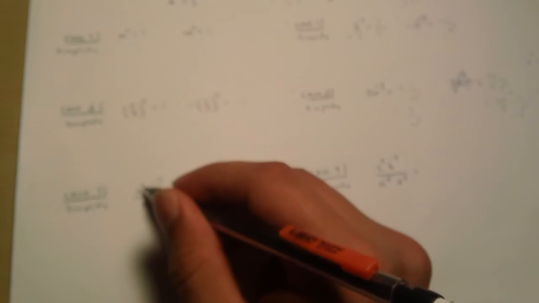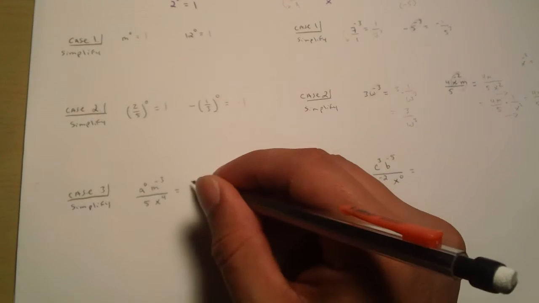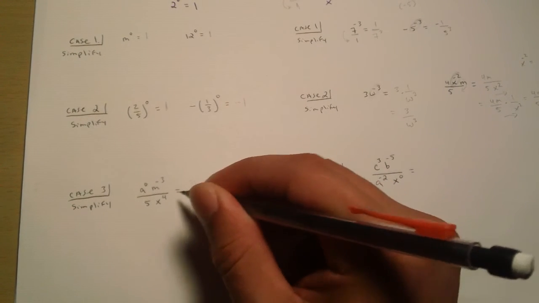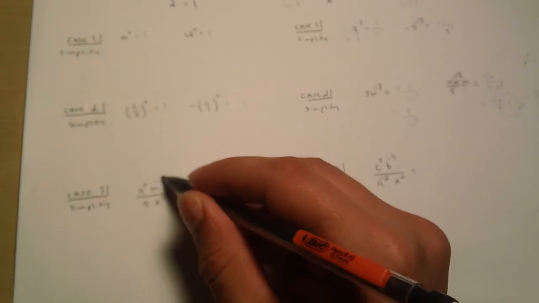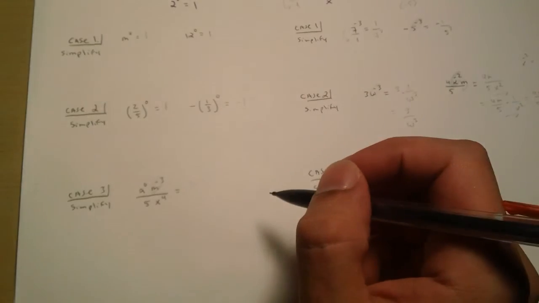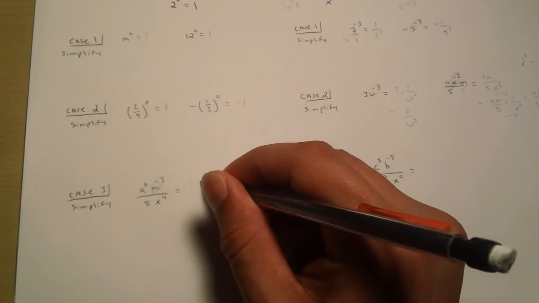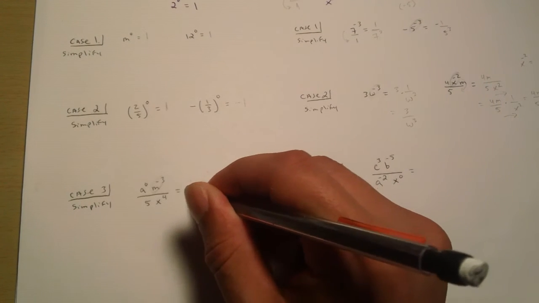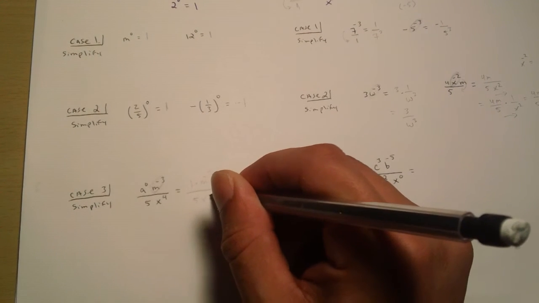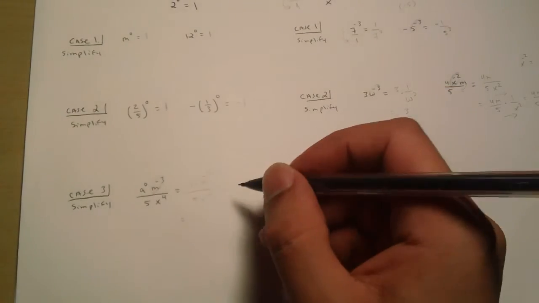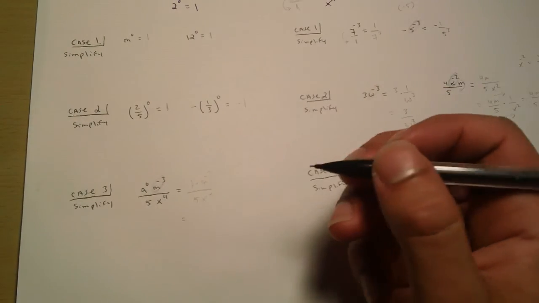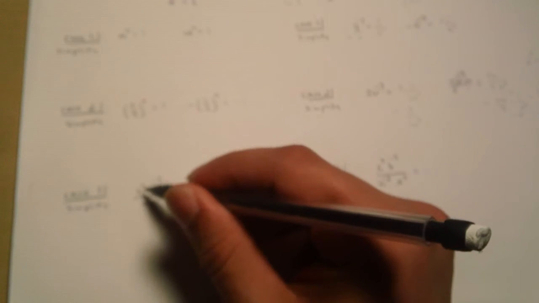First, we notice the a to the 0 power would just be 1. Then we have m to the minus 3 power, which we could just leave there for now, over 5x to the 4. I'm just showing you what steps you should take, but if you're able to do both of these at the same time, that's awesome.